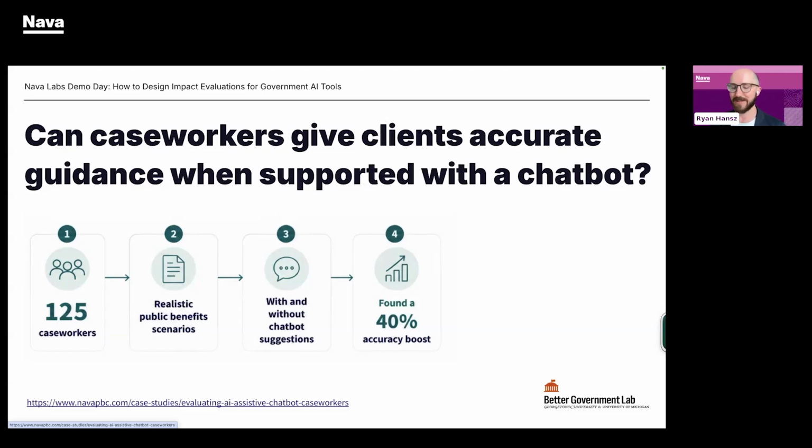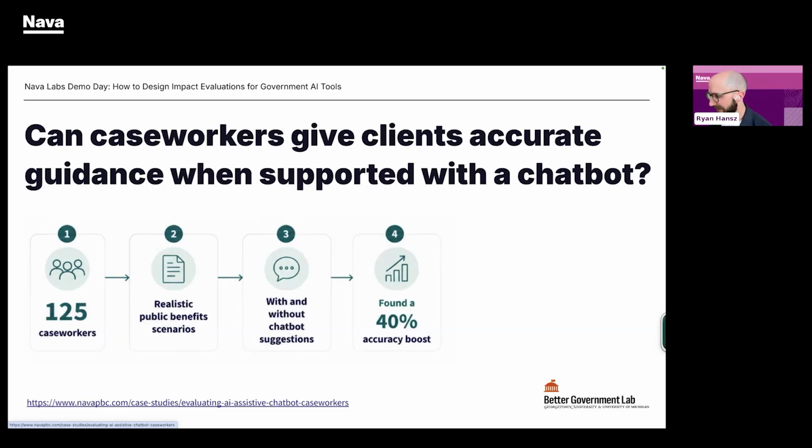And then they developed questions. They had a SNAP policy expert help develop scenarios to go along with the questions and sort of a multiple choice set of answers to be chosen from to add a bit more structure. And then the group was split between a group that had sort of an image or an integrated view of what the chatbot would respond to for that question, and a group that did not, to show if people perform better with the chatbot than without.